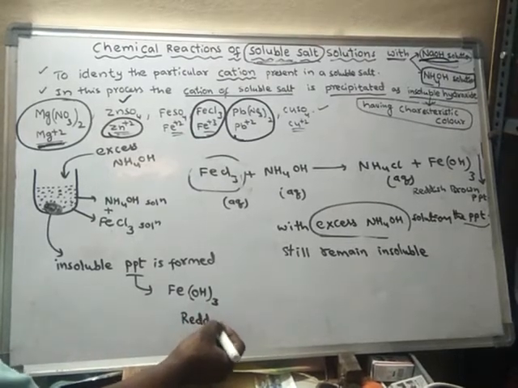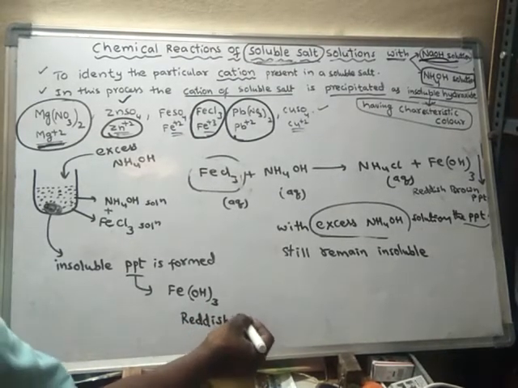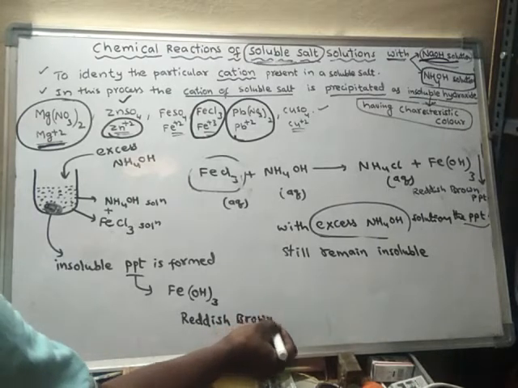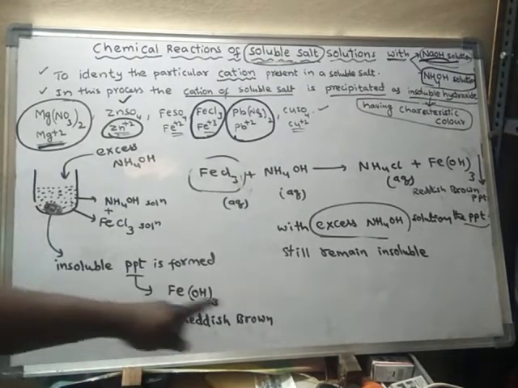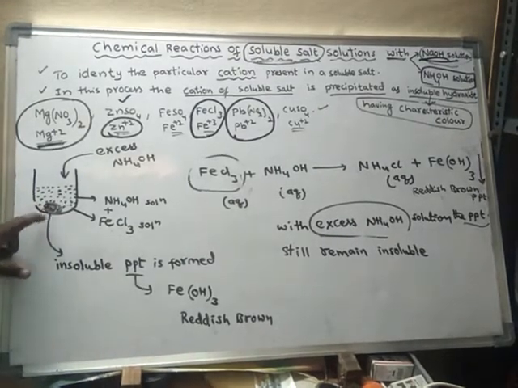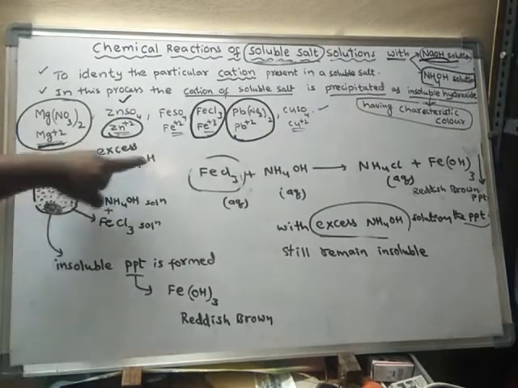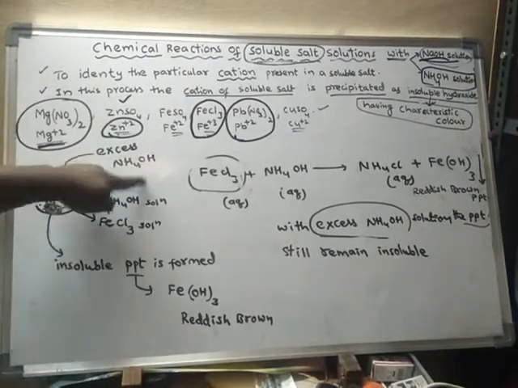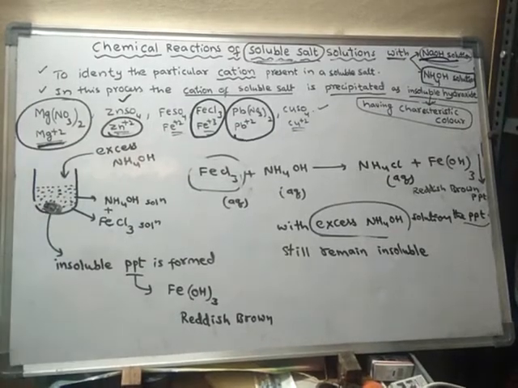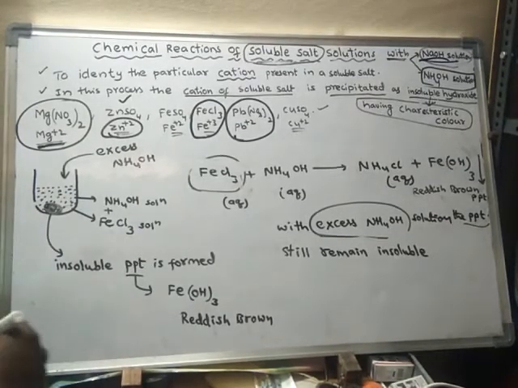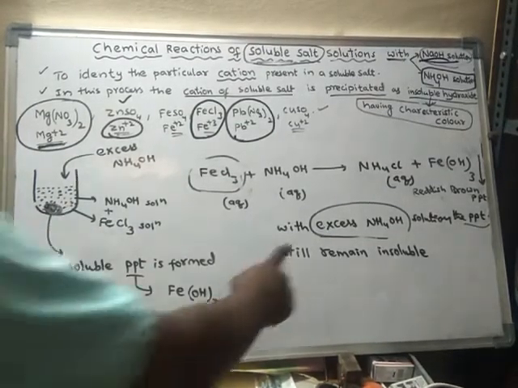Now after the formation of this precipitate, add an excess amount of ammonium hydroxide to this. What happens with excess ammonium hydroxide?